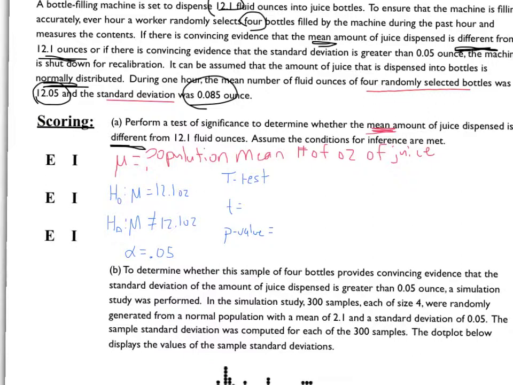And then Sx, the sample standard deviation, is this 0.085 ounces right here. And our sample size n is going to be this 4 bottles, because it says there's 4 bottles in a sample. And then when it asks you whether mu is greater than, less than, or not equal to, we said our alternative hypothesis is that mu is not equal to. So we're going to select that, and we can go down then to the bottom and calculate.